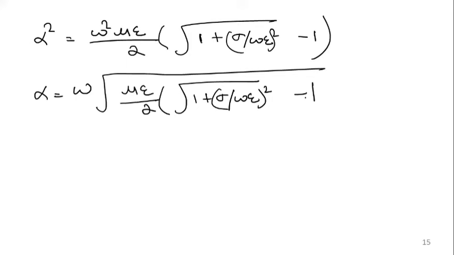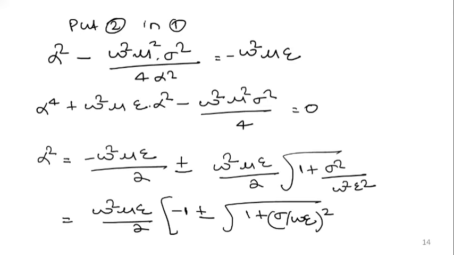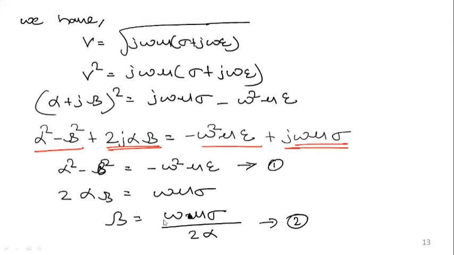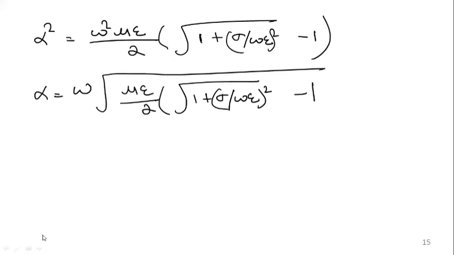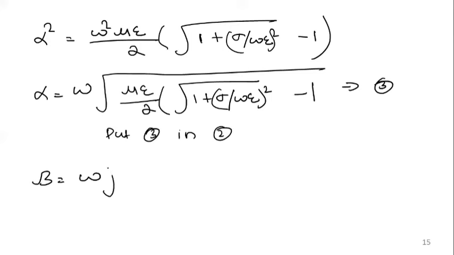And on similar terms, if you find alpha, you can substitute it in this equation and find out beta. So you need not do that derivation also. You can write. So if this is equation number 3, put 3 in 2 and you will get beta. You should know this equation.